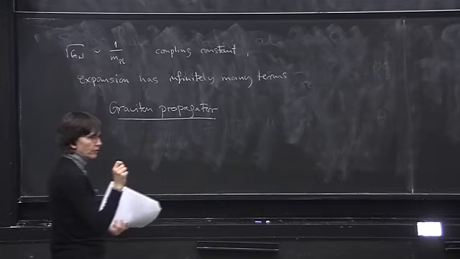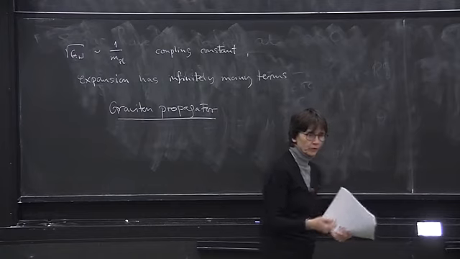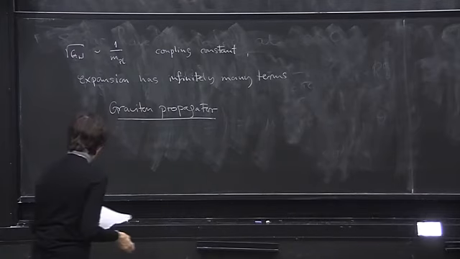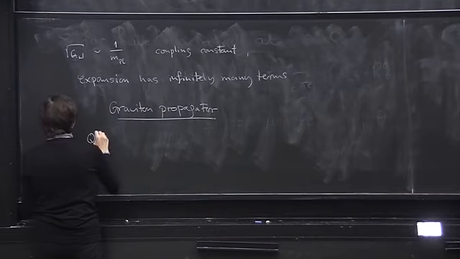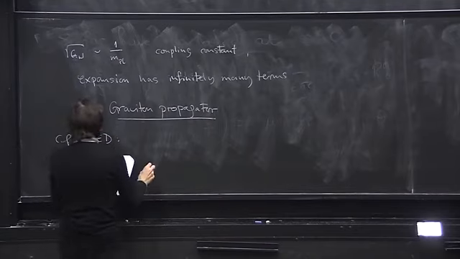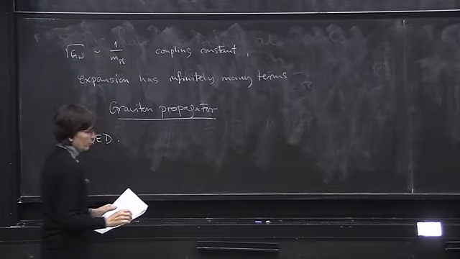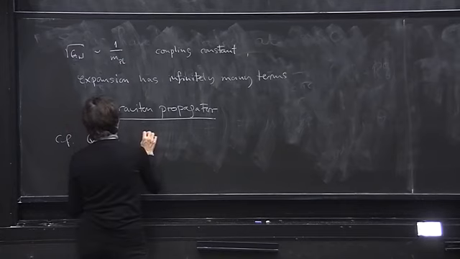Now, the answer should be familiar already from what you've learned in QFT. And let me just remind you how it goes, say, in QED. Let me just look at the photon part. I mean, let me not couple any fermions.